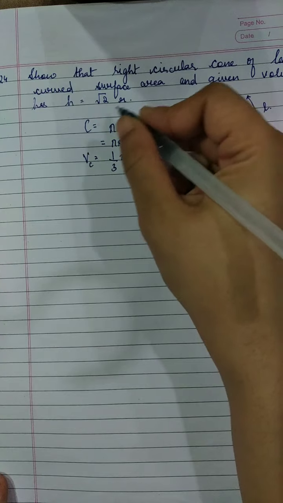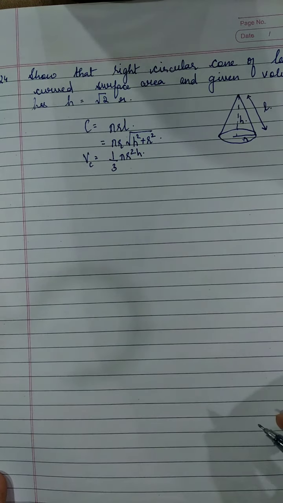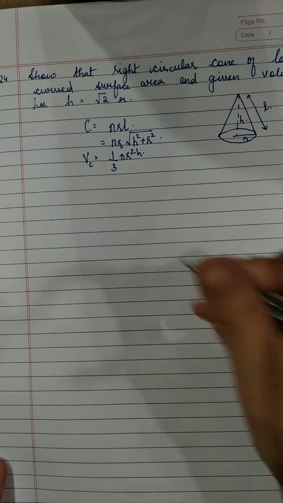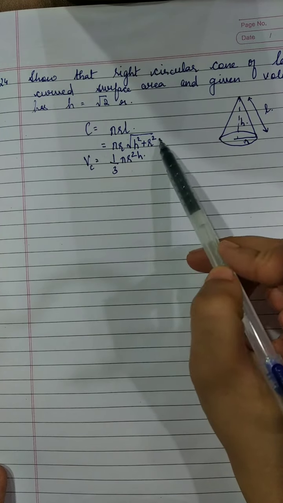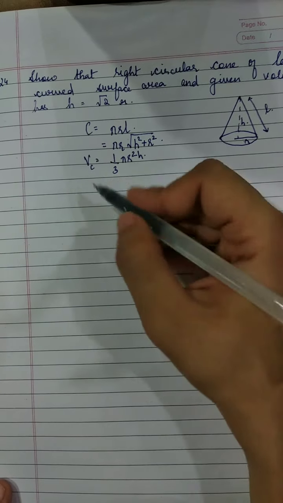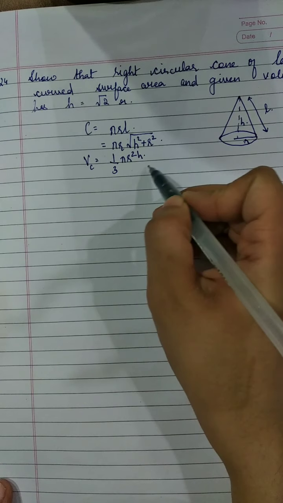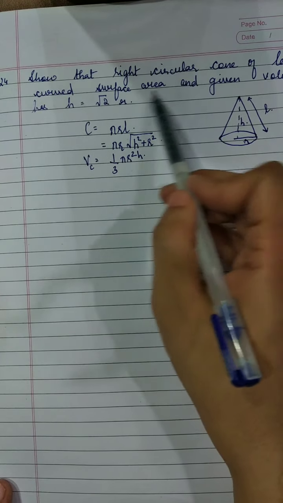So this is the given condition. Sorry, this condition is given and we have to minimize this. This has to be made least, right? So we'll be making use of this condition of given volume, since it's given.